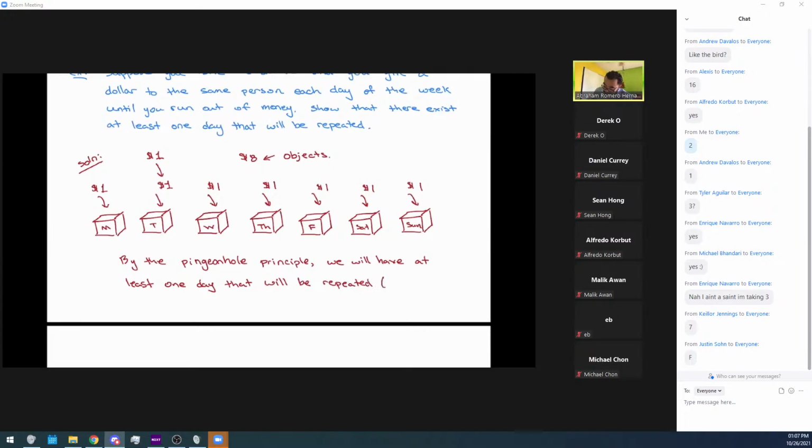Oh no, we're looking at it. This person will be given at least $1. Will be given $2. You're not literally giving them the $2 on that day, but you know that because one day is going to be repeated, and technically overall that day they were given $2.